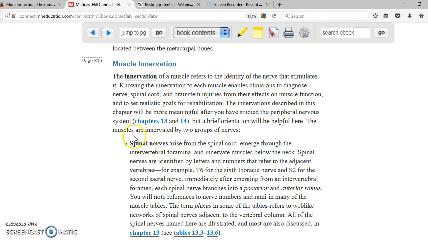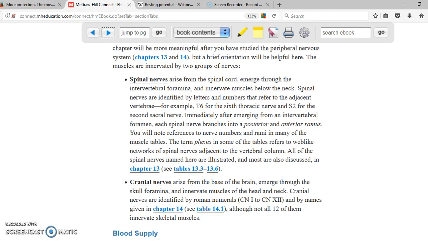For that reason, muscle innervation means what are the nerves that are going to attach to your muscle in order to make it move. There are different kinds of denominations for the nerves, and that's what you're going to see in the nerve chapter. But in here you can see that you have at least spinal nerves and cranial nerves. Most of the muscles in your body are going to be moved by these two sets of nerves. So just heads up, these are a couple of names that you're going to see when you go to the nerve chapter. Okay, so let's keep scrolling down.